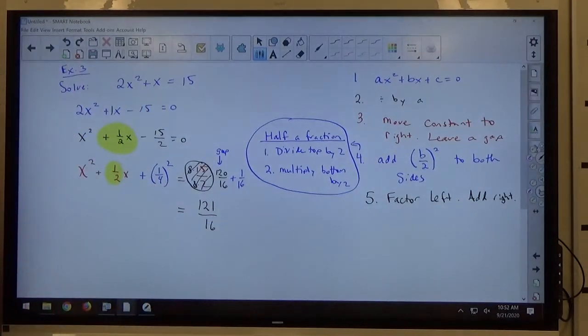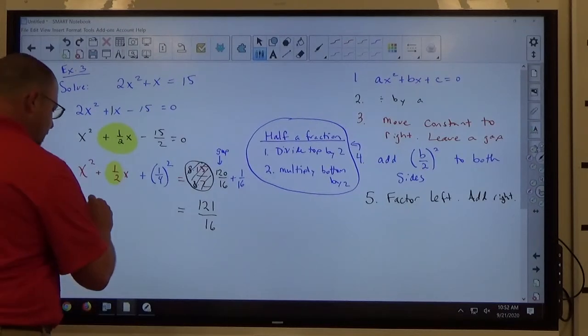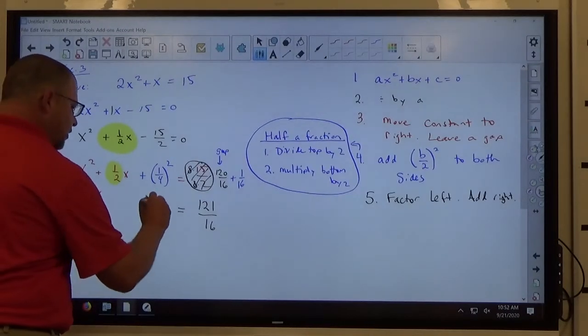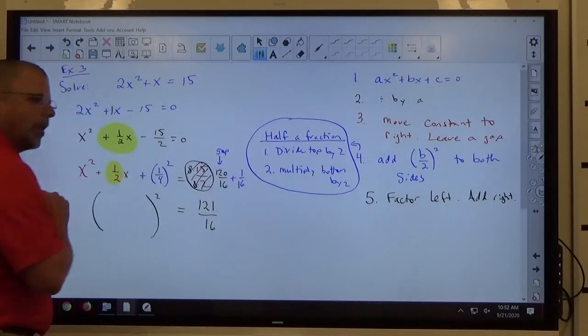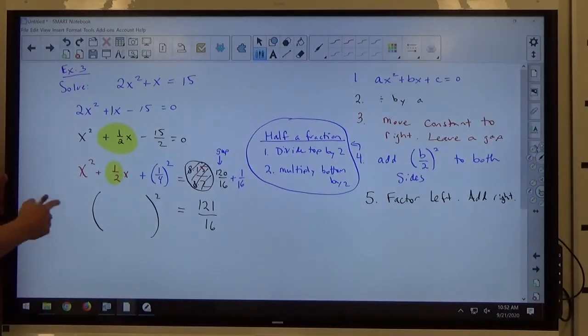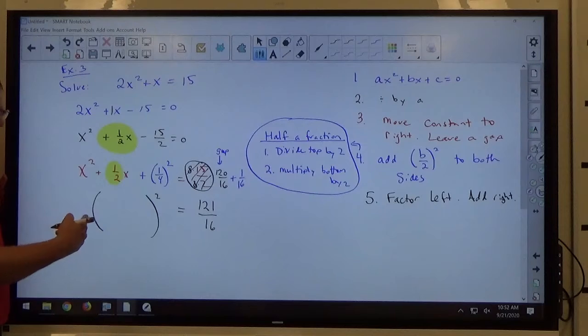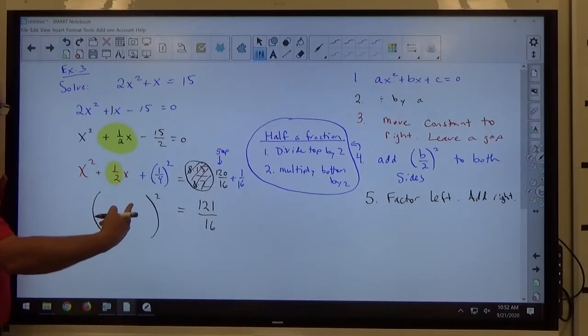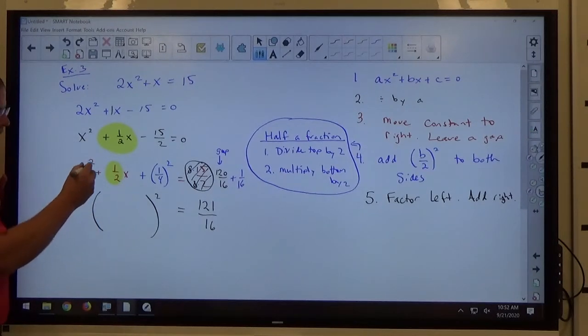On the left-hand side, my task is to factor. And again, we're looking at a perfect square trinomial structure with a bunch of fractions in it. It might seem intimidating to us a little bit, but here's how you factor every single time in this technique. You're going to create a parentheses squared. And there's 3 holes to fill. We have something plus or minus something. And the first something is the square root of this thing.